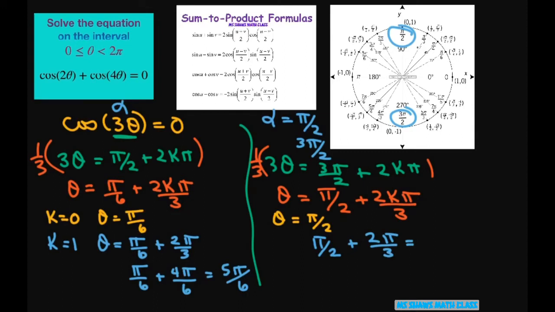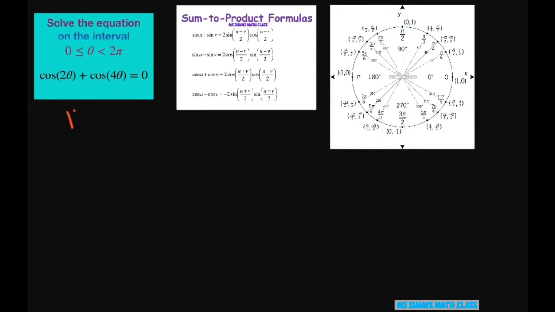That's going to give you, with the common denominator 6, 3 pi plus 4 pi. That's going to be 7 pi divided by 6. Now let's see if we can get any more. So we're going to try if k equals 2.